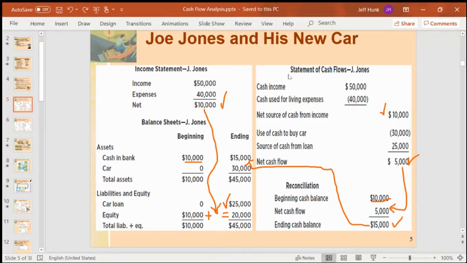Now let's analyze the cash flows. First of all, his cash income at the end of the year is 50K, and he spent 40K for his living expenses. So his net income is 10,000. We already know that.